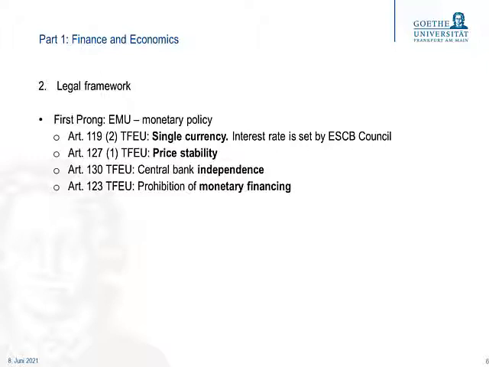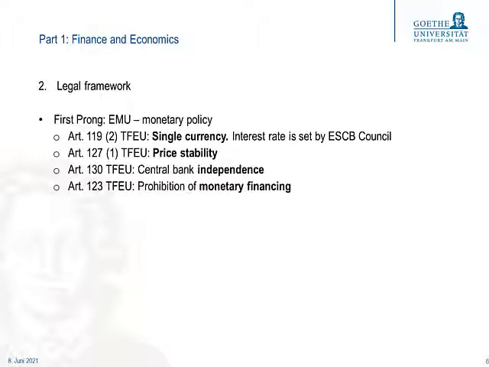Article 130 of the Treaty on the Functioning of the European Union provides the entire European System of Central Banks with independence, institutional independence. And it also makes sure that they remain independent by prohibiting them from engaging in monetary financing, i.e. using the monetary printing press to fund governments.